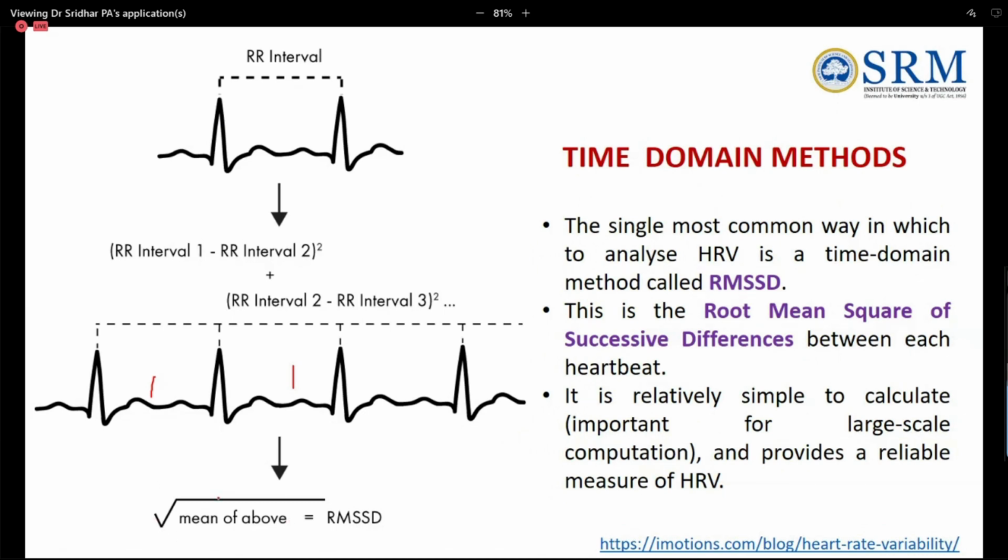Then you take the mean, and the square root of this, and you get the RMS standard deviation.